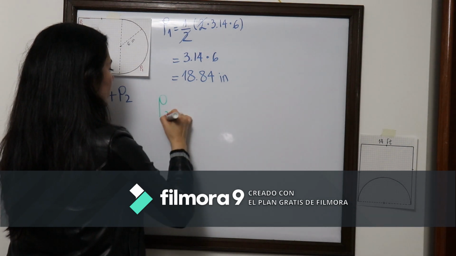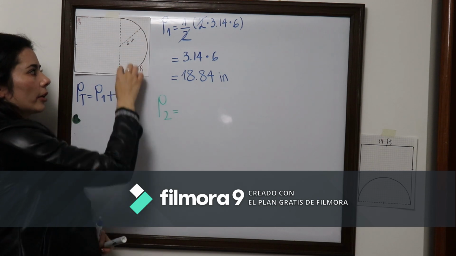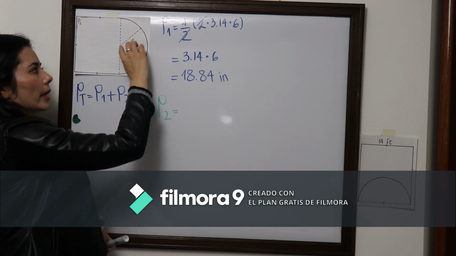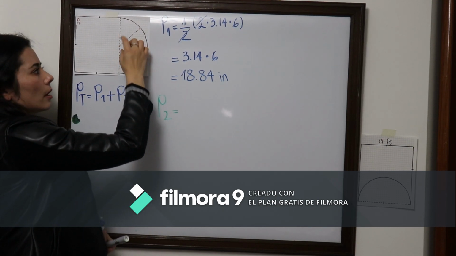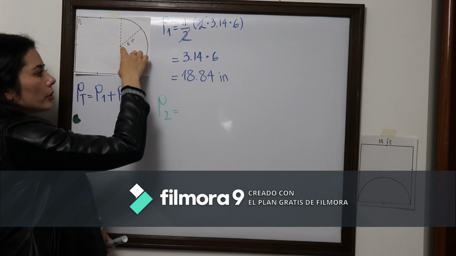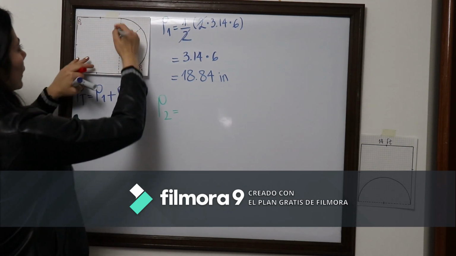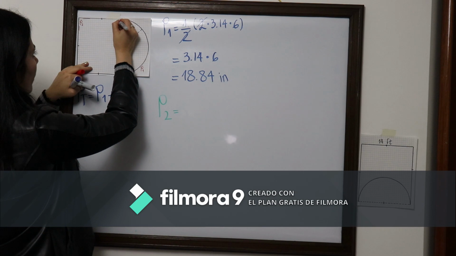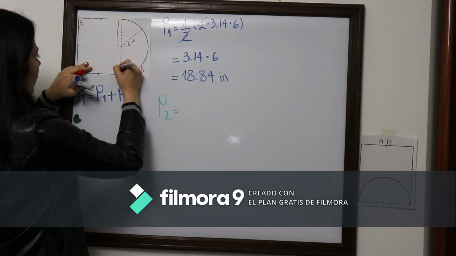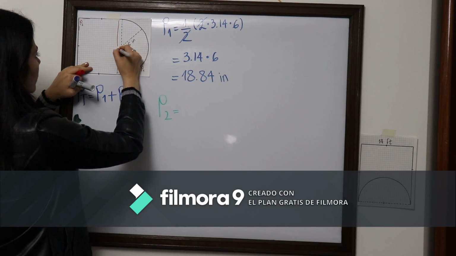Now let's go ahead and work with perimeter number 2. Perimeter number 2 is actually pretty easy if you understand this measure over here. I mean, this measure is a radius, and that is 6 inches. But this half is also 6 inches, and this half is also 6 inches. So we can conclude that this entire length from here to here is going to be 12 inches.